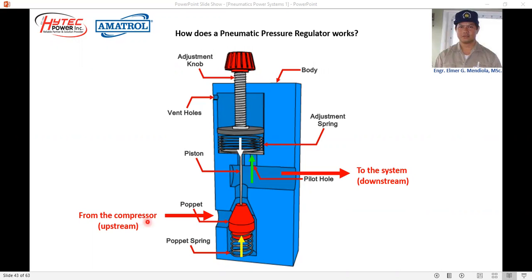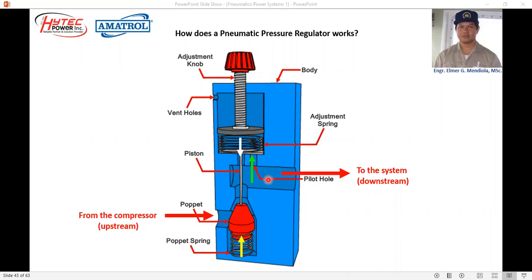So the gap here will remain constant. So the flow of the high pressure air from the compressor through this gap here to the downstream will be constant. So what will happen if the demand on the downstream increases?